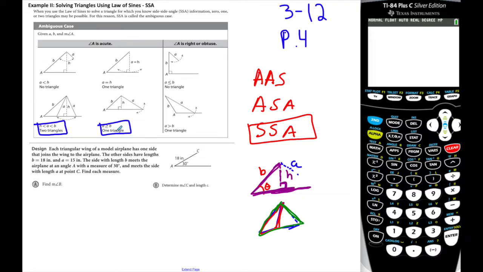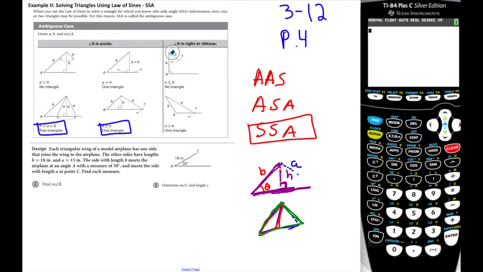When A is right or obtuse, it's actually better in a sense because the two triangles situation doesn't exist. So either A is right, it's 90, and in that case, A has to be at least the same as B, because if A is right, then the side opposite A is the hypotenuse.